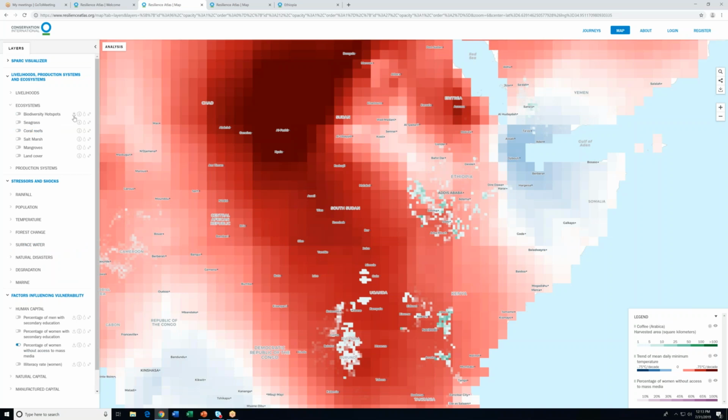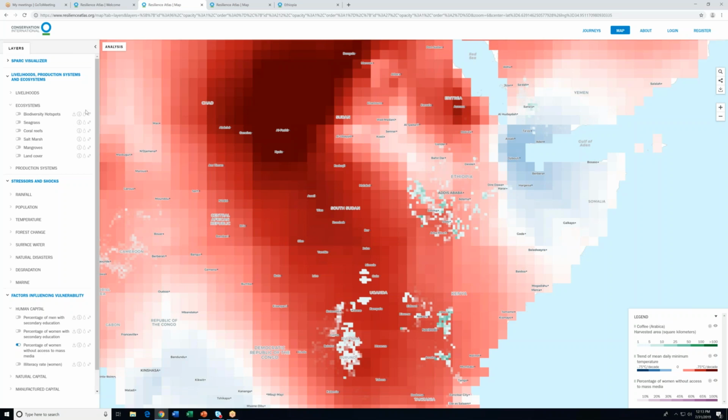You'll notice next to this has an additional icon where you can download that entire global layer from the atlas. So this allows us to have a platform where you can overlay with different data sets that aren't created by CI, but also to house our spatial data layers that we can then disseminate through being available for download, as well as getting a bit more communication around those data sets.